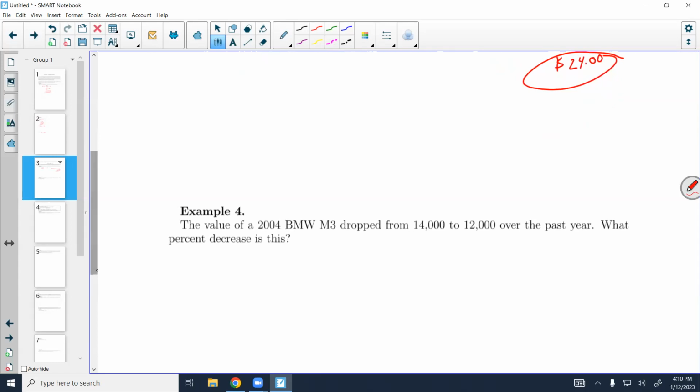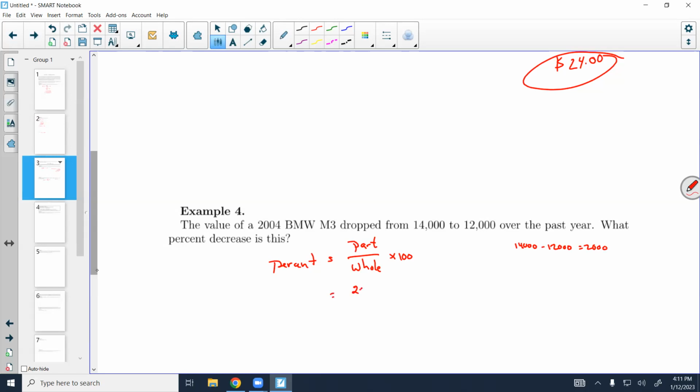So remembering the percentage is equal to the part over the whole times 100. So in this case, what's the part? Correct. The amount of the drop, which is 14,000 minus 12,000, which is 2,000.